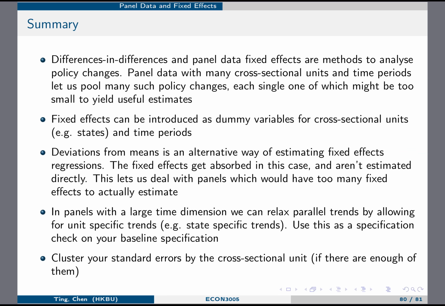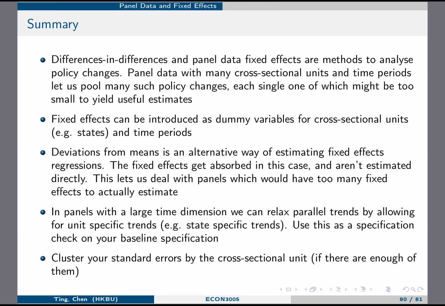The deviation from mean is an alternative way of estimating fixed effect regression. The fixed effects get absorbed when you use the demeaned regression, and they will not be estimated directly by the dummy variable. This lets us deal with panels that would have too many fixed effects to actually estimate.